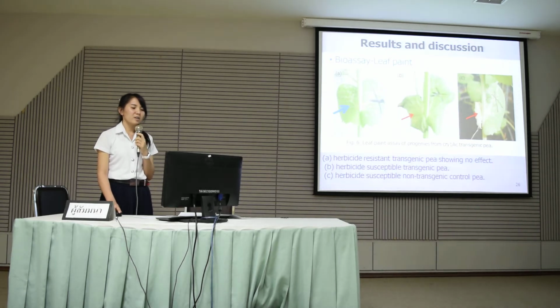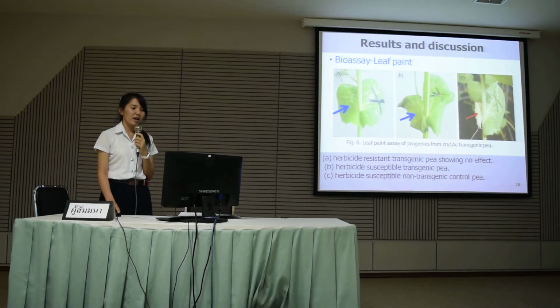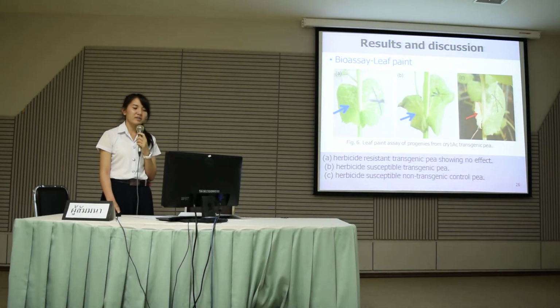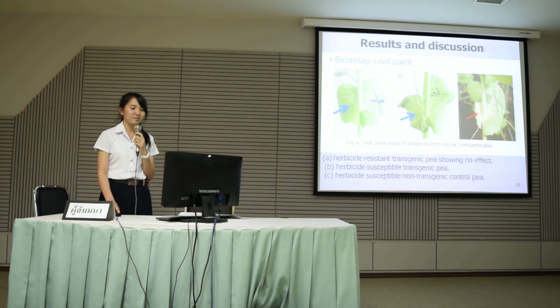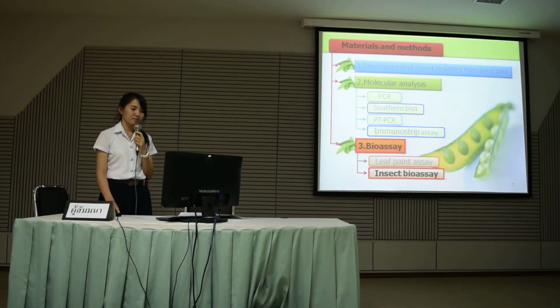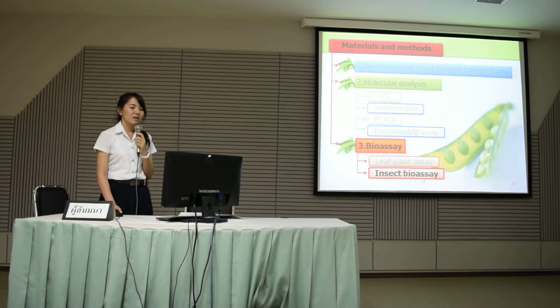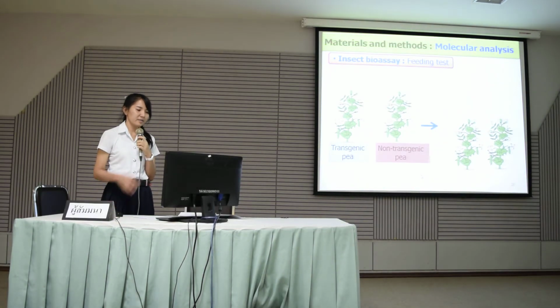A is herbicide-resistant transgenic P, showing no effect, and B is herbicide-susceptible transgenic P, and C is herbicide-susceptible non-transgenic P. Next step is insect bioassay.